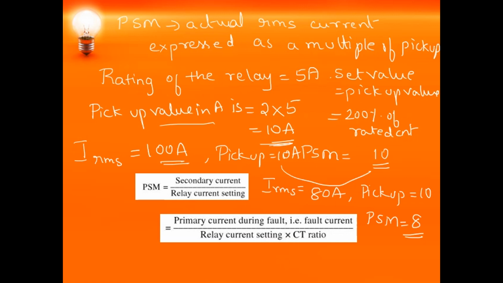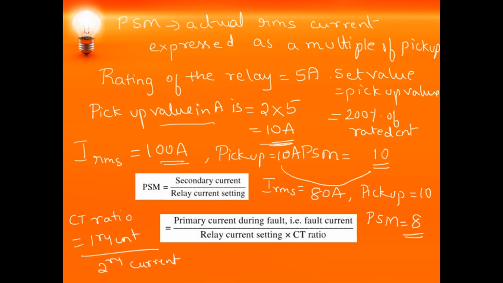CT ratio is nothing but primary current divided by secondary current. So secondary current is nothing but primary current by CT ratio. So here you can observe secondary current is primary current during the fault, that is fault current, divided by CT ratio, and the relay current setting is as it is.